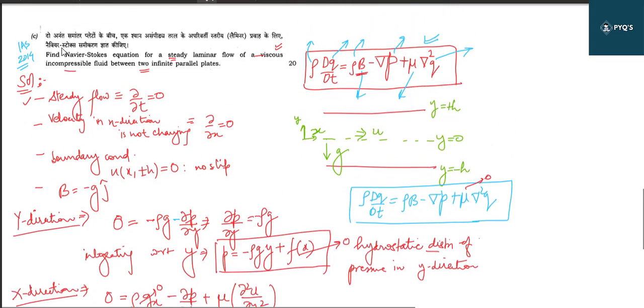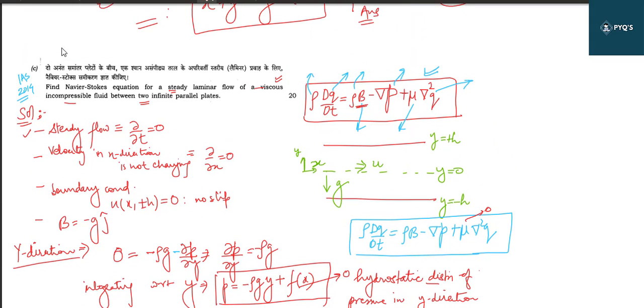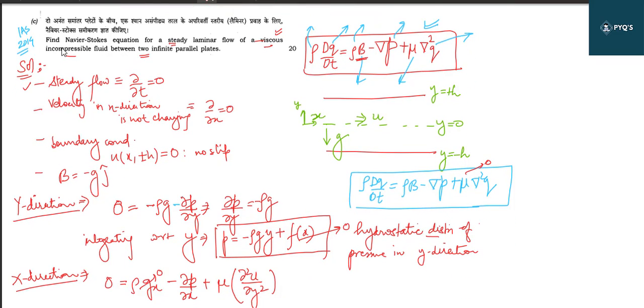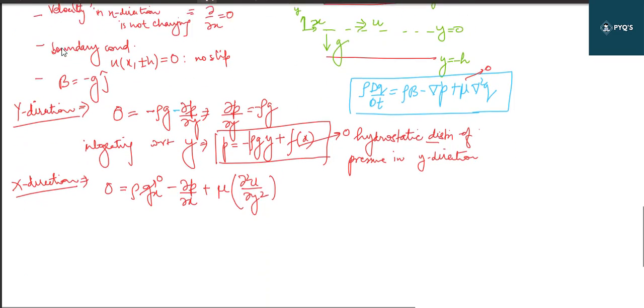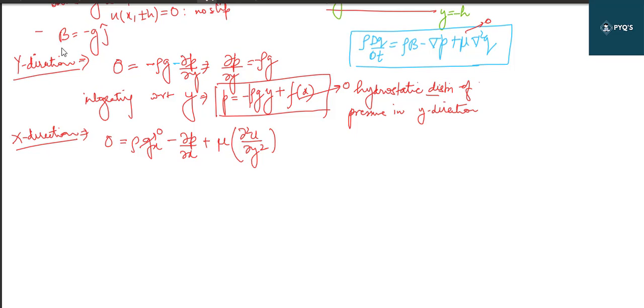See, the question says laminar, viscous incompressible flow, so there is viscosity in the x direction. So this is the equation.